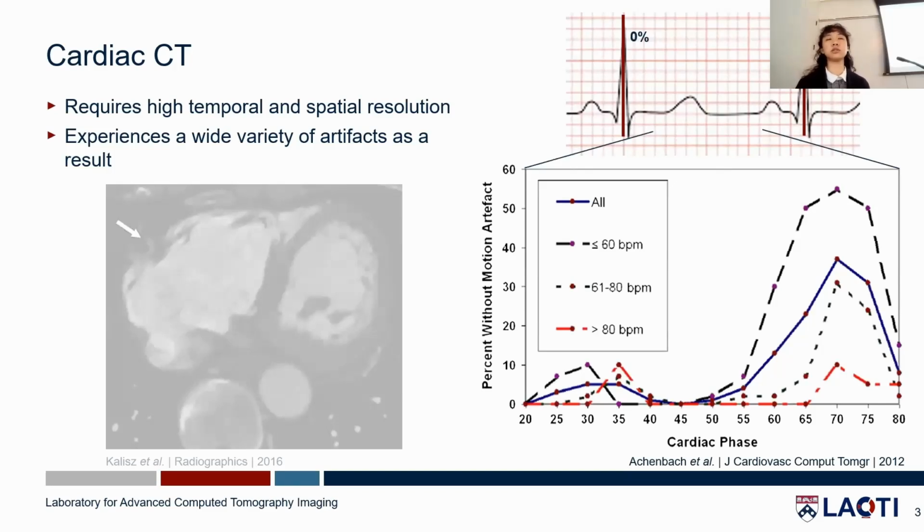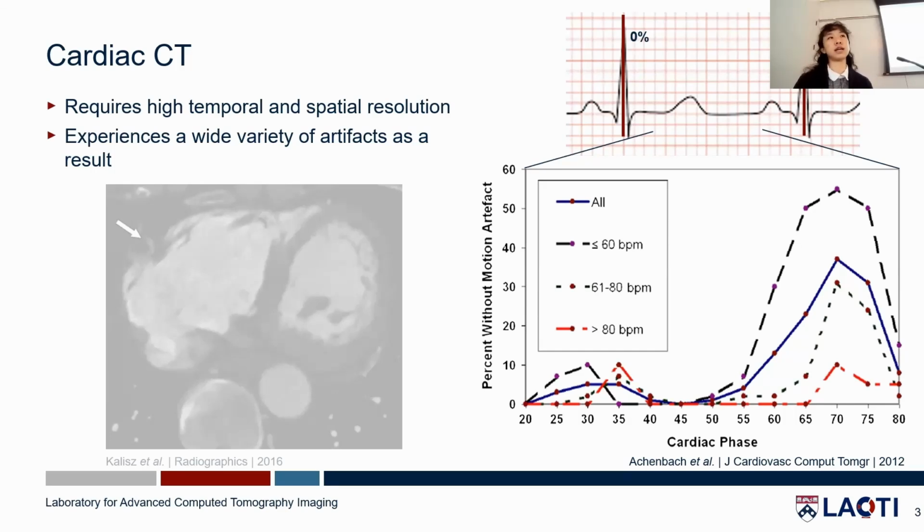So here at the top, we have an ECG, just to demonstrate what the cardiac cycle looks like from an electrical standpoint. The start of this cardiac cycle is at the QRS complex at the R peak. In a study, they evaluated the effect of both cardiac phase as well as heart rate, and looked at the images to evaluate whether they had motion artifacts.